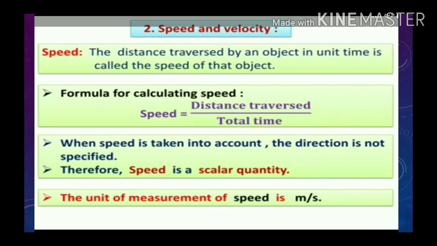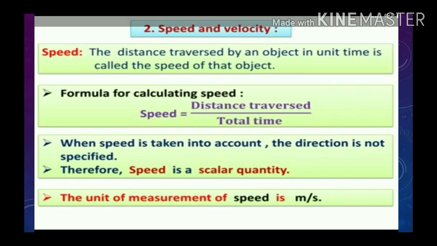So speed is a scalar quantity, with only magnitude, and there is no need to specify the direction. When speed is taken into account, the direction is not specified. Therefore, speed is a scalar quantity. The unit of measurement of speed is meter per second.